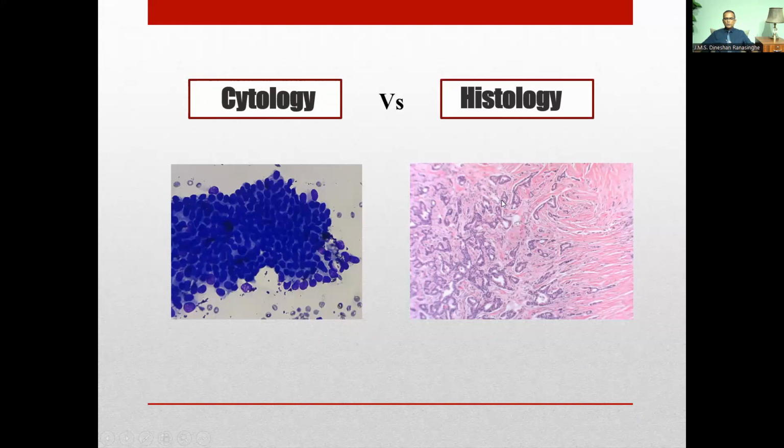So you can see how the cell clusters are arranged in the tissue, and what sort of a response the surrounding tissue is showing against the invading cell clusters. So we can comment on a lot of things. A lot of additional information can be given to the clinician by the histology report in comparison to cytology.